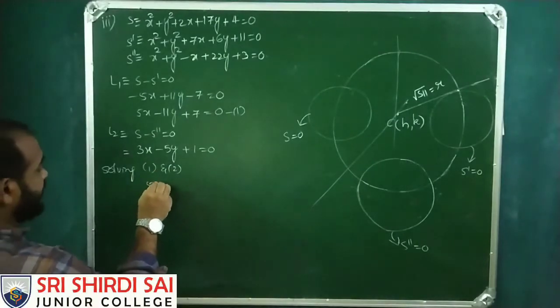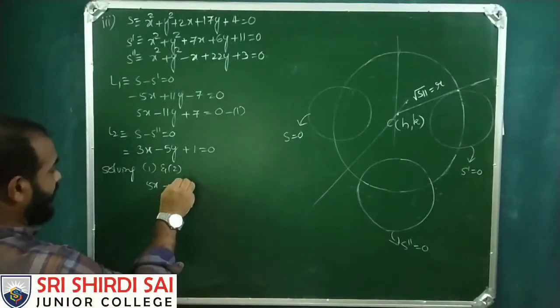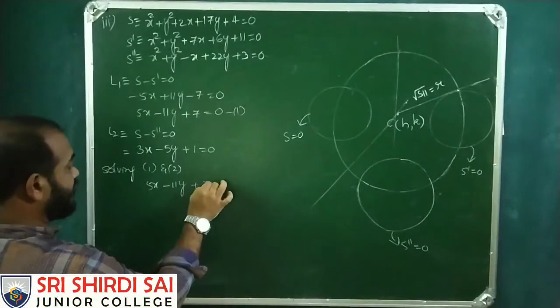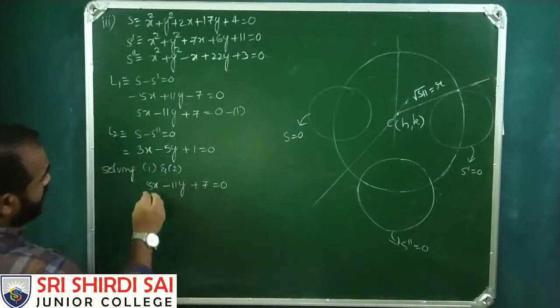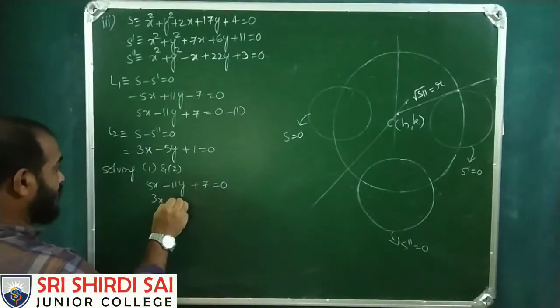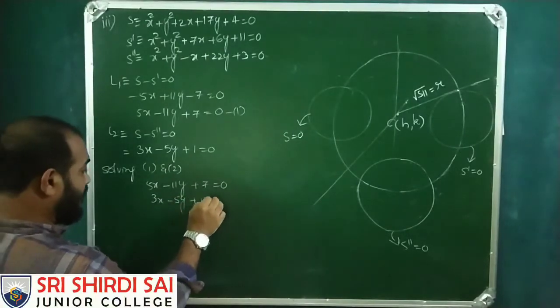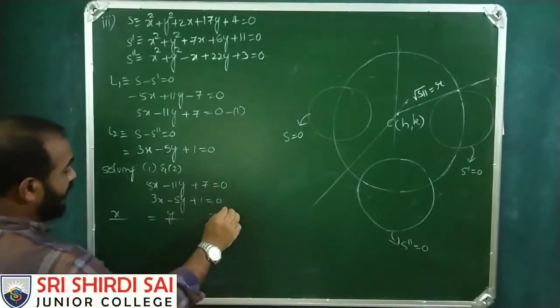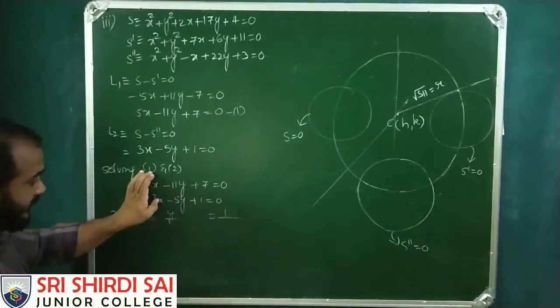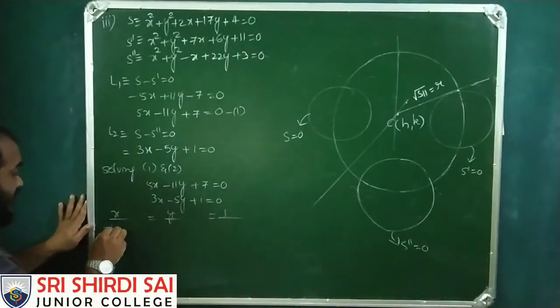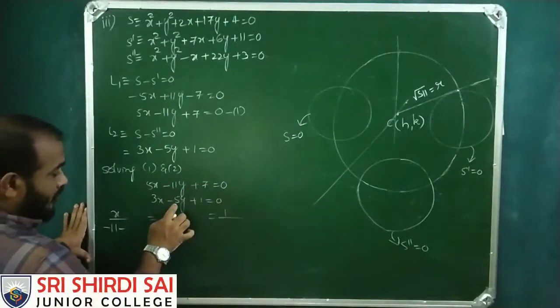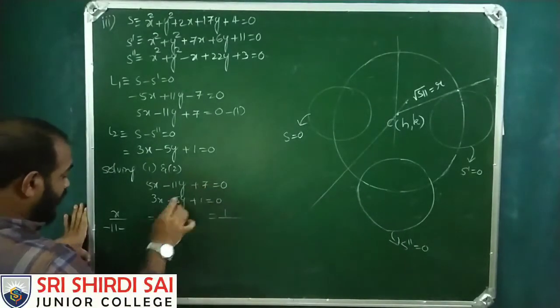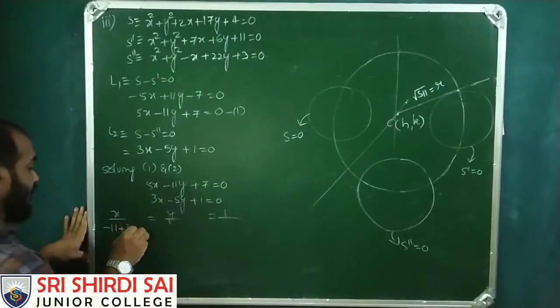So 5x minus 11y plus 7 equals 0, and 3x minus 5y plus 1 equals 0. x by y by 1 by cross multiplication method. x: minus 11 ones are minus 11, minus 5 sevens are 35, minus of minus, plus 35.